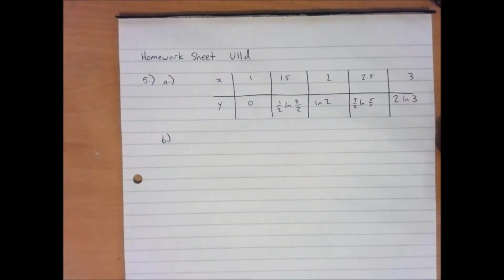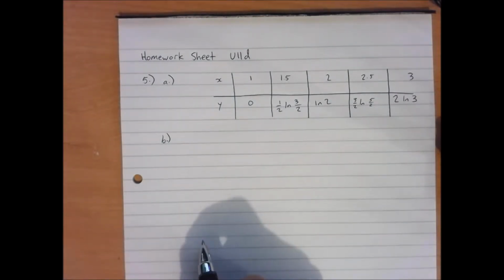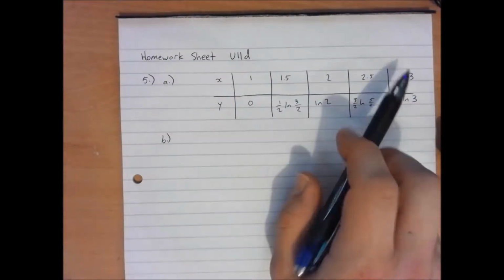In part B, we're asked to use the trapezium rule. In part 1 of this, we have two trapeziums because we're just using y values at 1, 2 and 3. This gives us an h value of 1, the difference between 1 and 2 and 2 and 3.